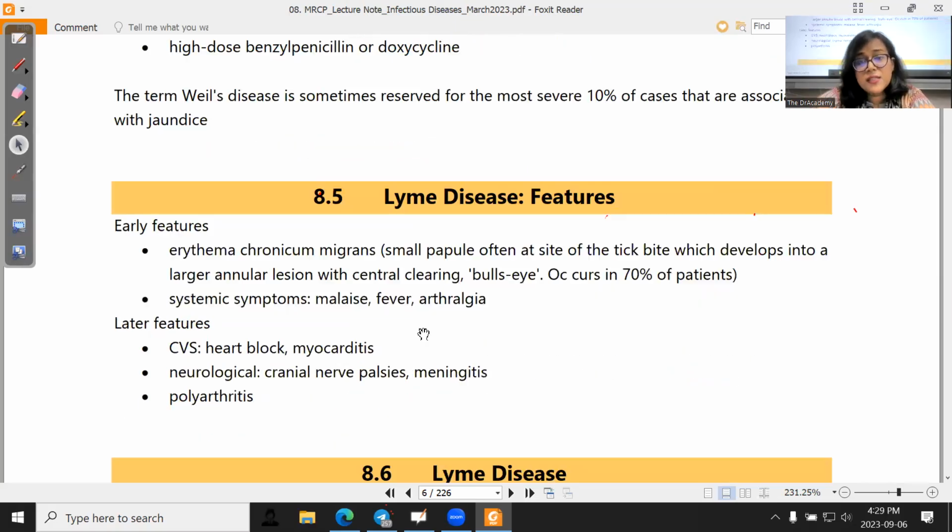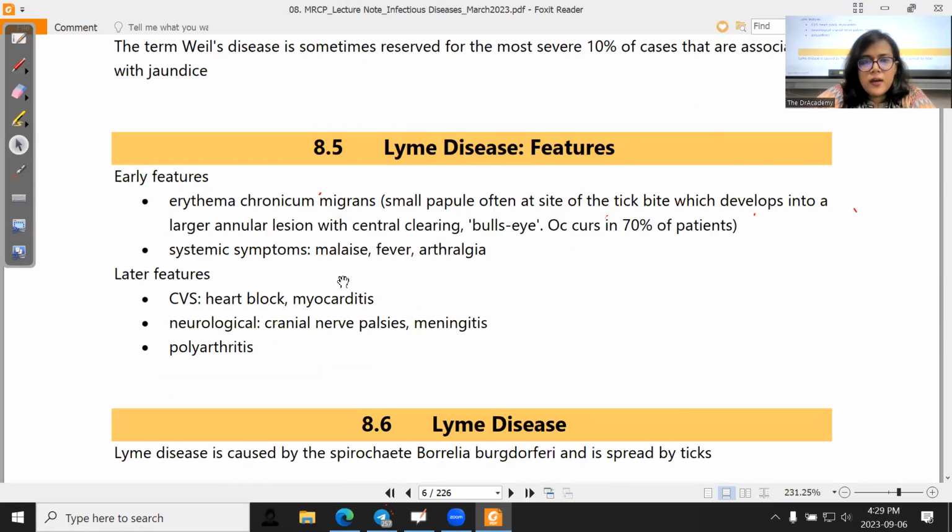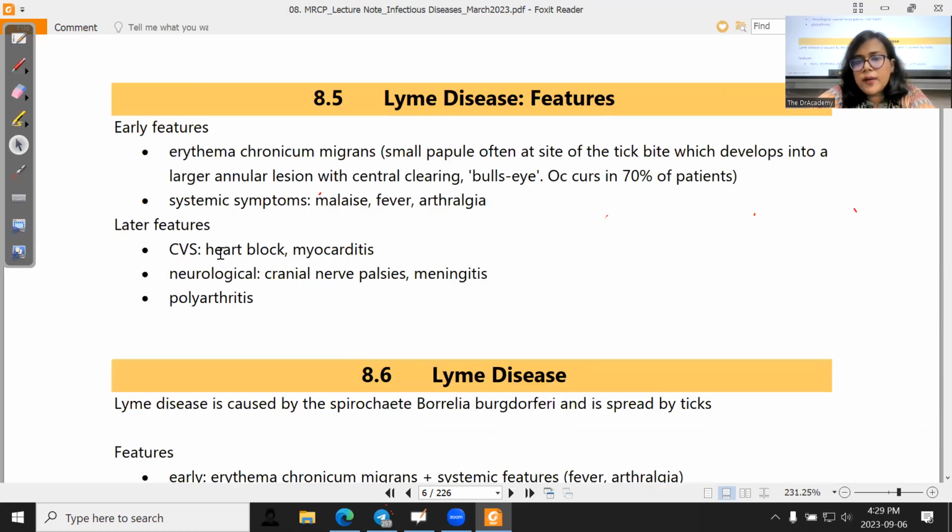Okay, Lyme disease, it's a very hot favorite for the MRCP Part 1 examination. So Lyme disease is basically caused by Borrelia burgdorferi. It's another spirochete infection. This is spread by ticks, tick-borne infection.